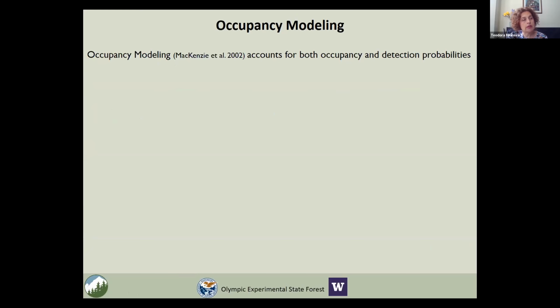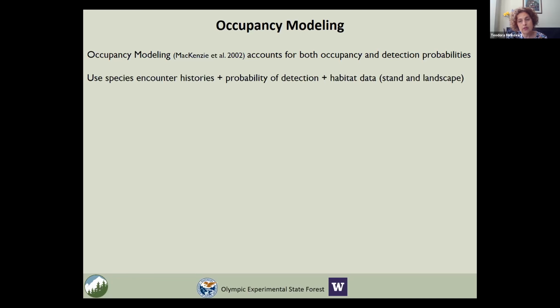Our analytical approach will include occupancy modeling, which accounts for both occupancy, the probability of the species being present at the site as a function of habitat characteristics, and the probability of detecting the species if it is present, which is a function of measurable variables such as rain and time of year. We will enter the species encounter histories, the probability of detection, and the habitat data that we're collecting both in the field and remotely, and generate a set of statistical models for each indicator species.